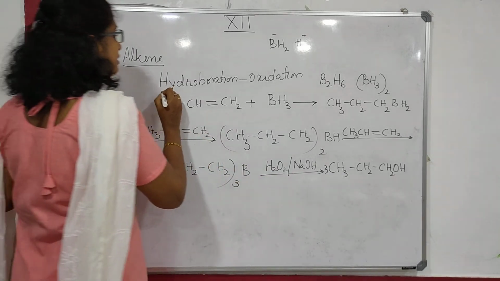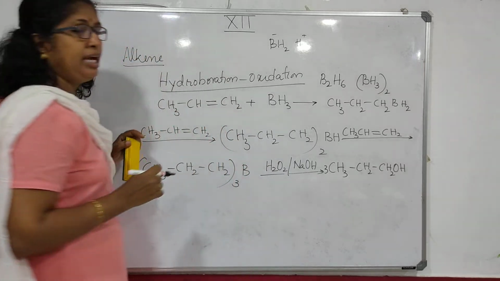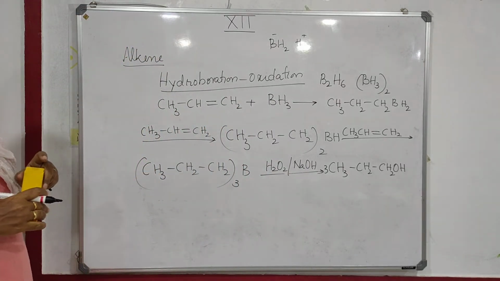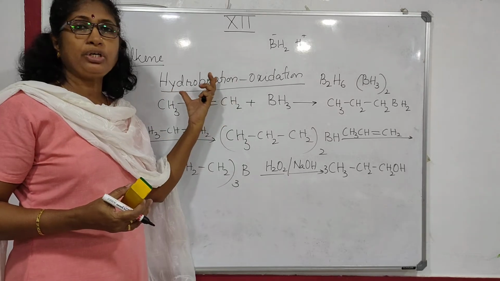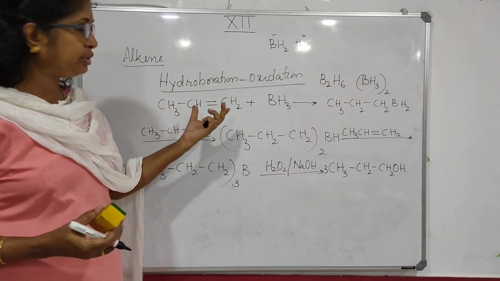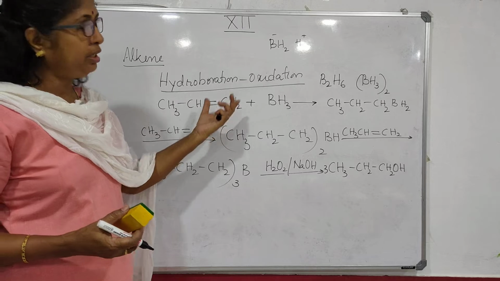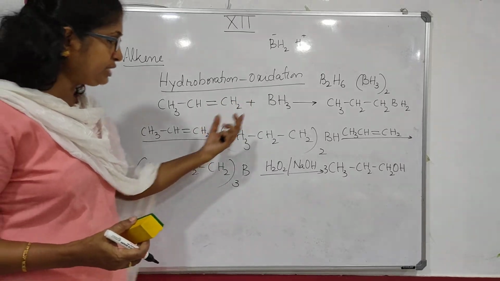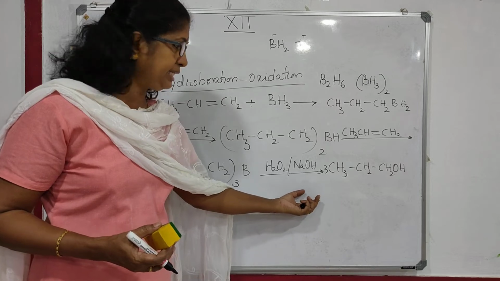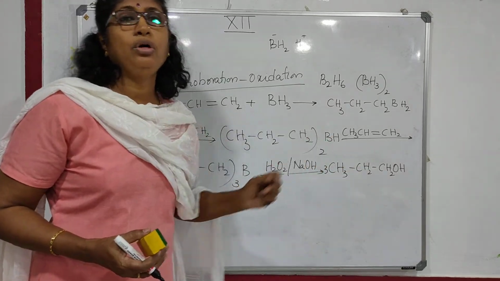So this method is called hydroboration and subsequent oxidation, the hydroboration oxidation reaction. Hydroboration means you are adding borane to the alkene molecule. It gets added, and you will get an organoboron compound. This on oxidation with hydrogen peroxide will give you an alcohol.